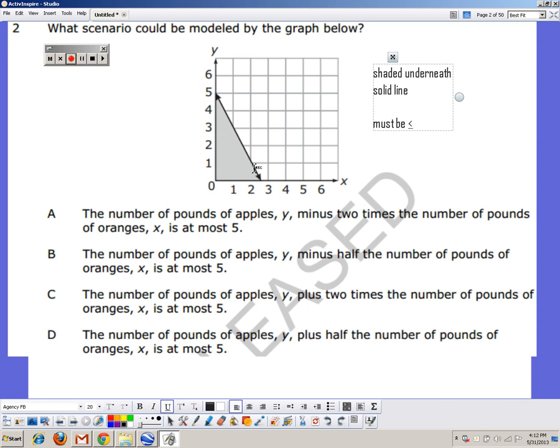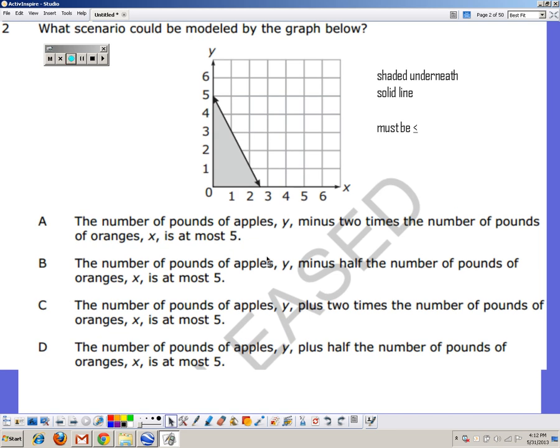If we look at each y value and get to the line and drop down, we can see where our x value is at. When y is 1, at most, our x value is going to be 2. When y is 2, at most, it's going to be a little bit above 2.